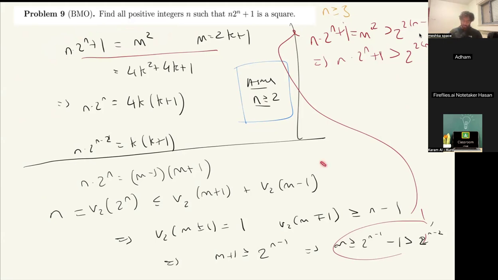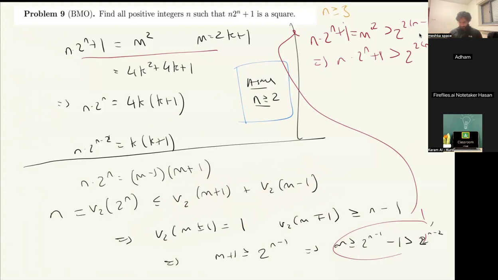You do assume m is odd here, because you are using the fact that one of them has valuation 1, the other one has valuation n minus 1, right? I think so. I thought that you said n. Okay, so m is odd. I don't know about n. n can be anything. I don't think we need n to be even or odd.